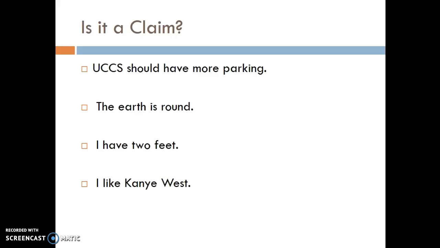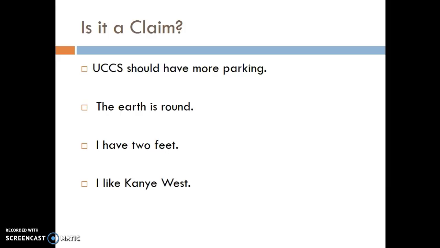There's a Flat Earth Society in the US. I have 2 feet. If I was standing in front of you and you could see my actual feet, then it's not really a claim. I mean, it's obvious to all of us and indisputable. But if I had shoes on, or if I'm talking to you over the internet like I am now, you can't absolutely be certain, so I could try to provide you some information.